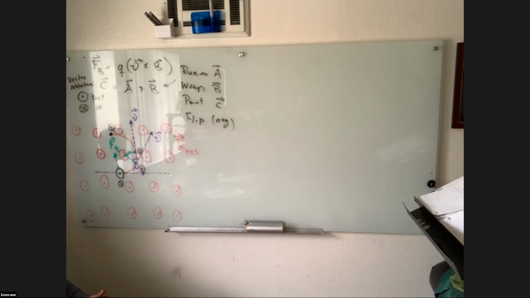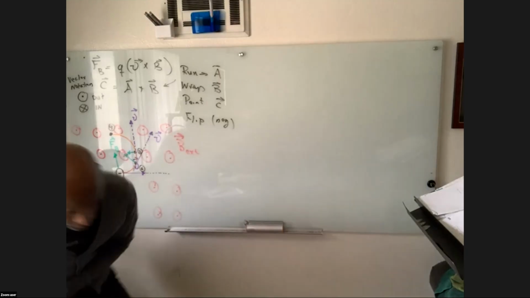Yes, Dami, it's down, right? Can you walk the class through that process? So if you use the right-hand point method, the direction of the velocity will be pointing towards the left. Then the direction of the magnetic field will be pointing out of the board.